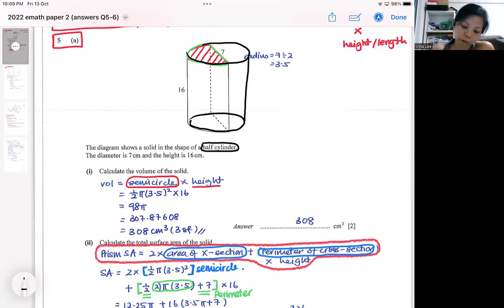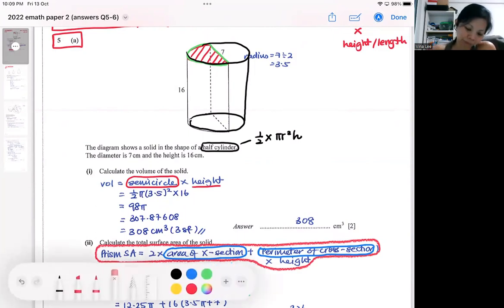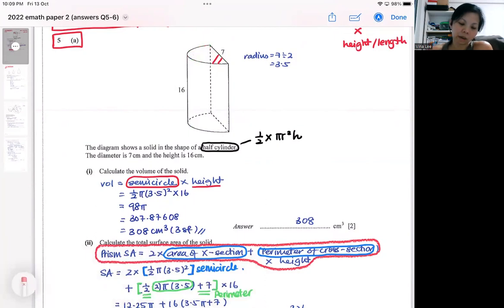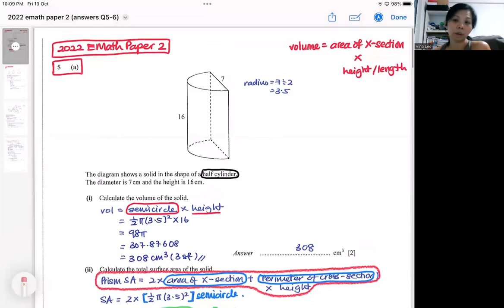If you are doing a full cylinder, that means it will be pi r squared times that. It will eventually give you the same volume as well. But the surface area will be slightly tricky. You cannot halve the surface area of a prism, because surface area is basically how much area is being exposed.